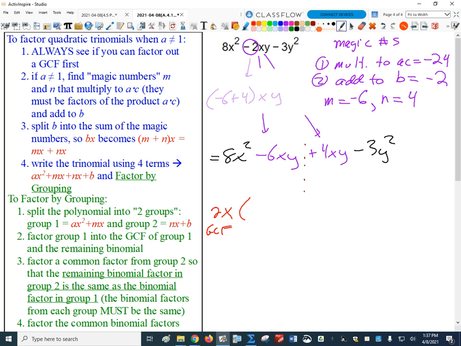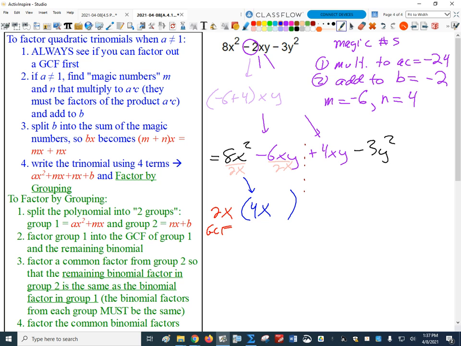What's the binomial that remains behind when I factor that out? Well, to find out, I could just divide each of these through by 2x, right? That's what I'm undistributing. And what do I get when I do that? 8x squared divided by 2x is what? 4x. Okay, good. Now let's see if that makes sense. 2x times 4x, yeah, that's 8x squared, isn't it?